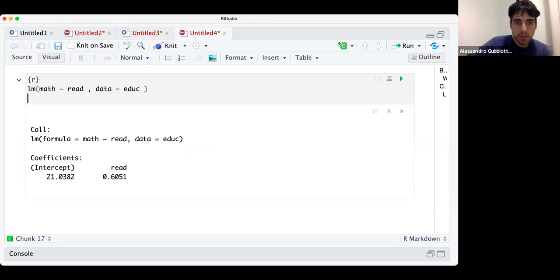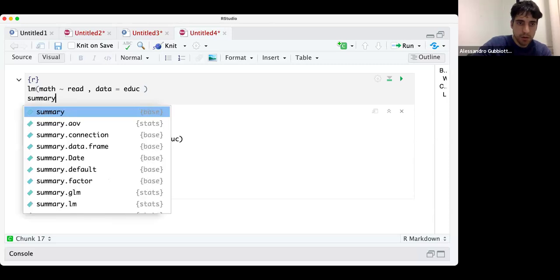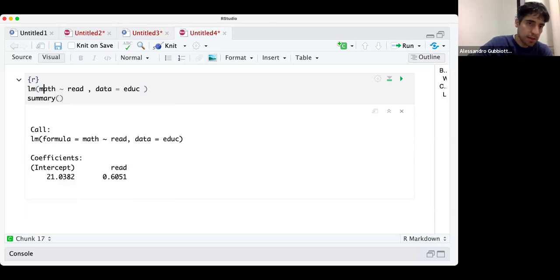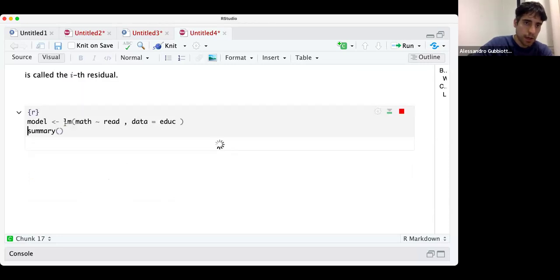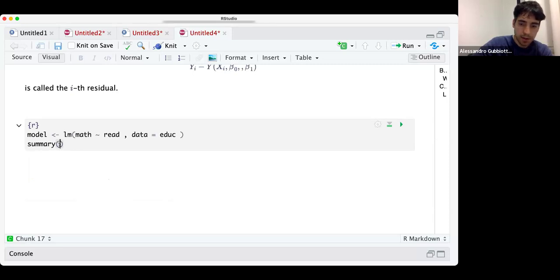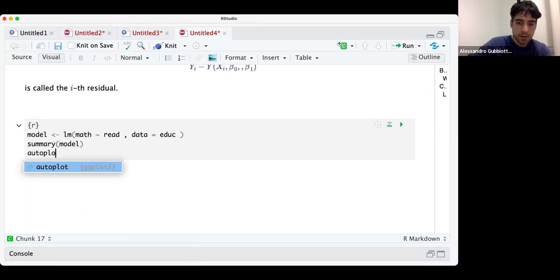And we can also plot it. We can perform many things. Like we can also take the summary of this model. Let me save it into model, and we take the summary. We can autoplot the model, we need ggfortify for this.